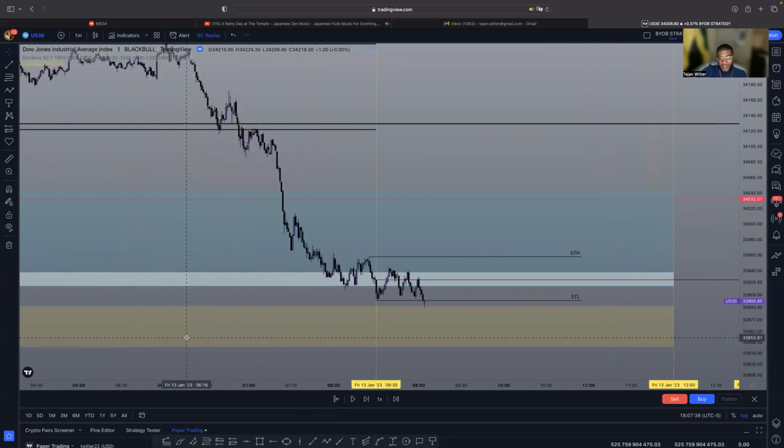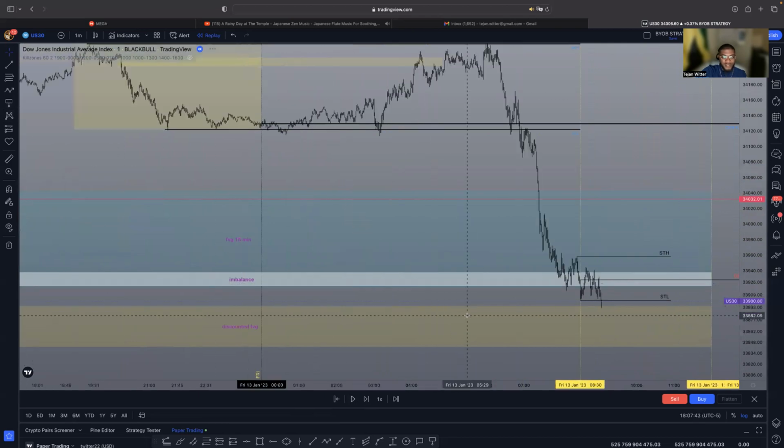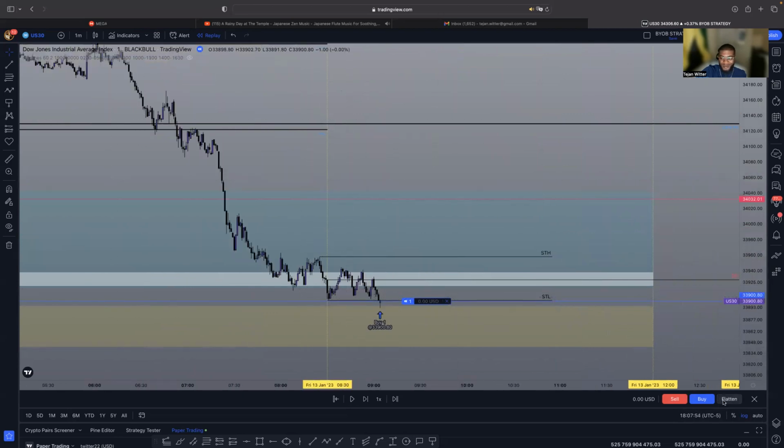A lot of times, I should go back to using my Fibonacci. Once price takes this low out and hits my entry, then I would take a buy. And TradingView has this new feature where you can actually live trade while you backtest, which is kind of cool.